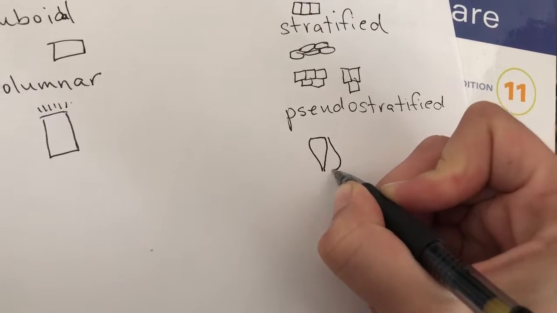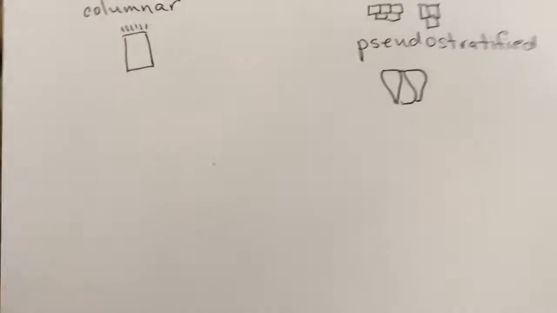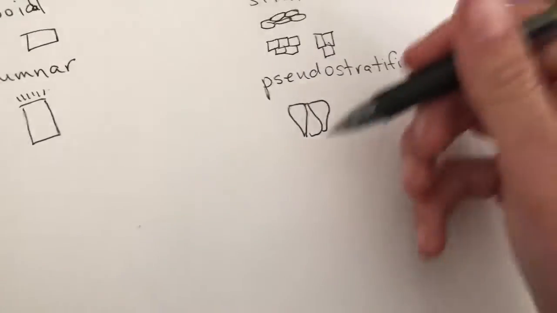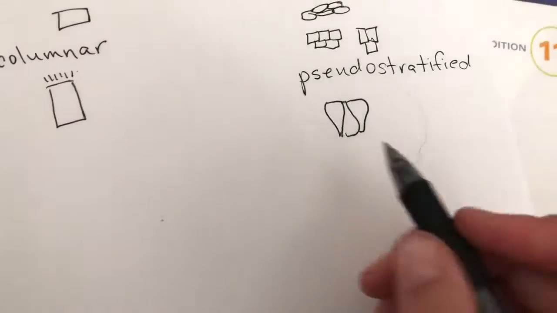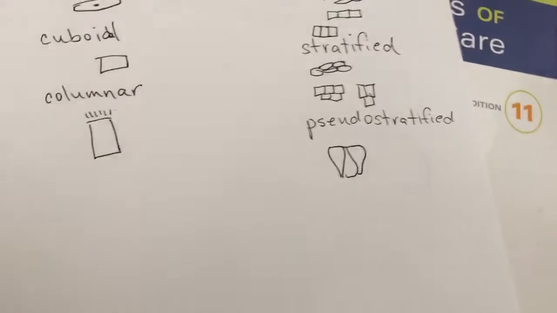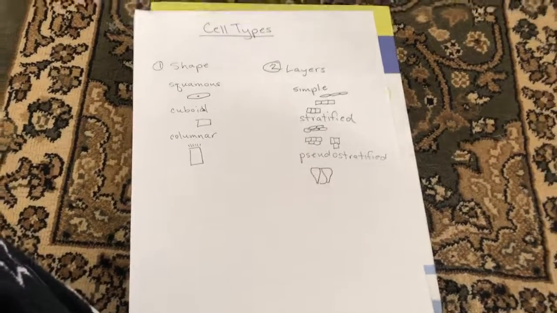Like here, we have what would be some pseudostratified cells. Do you see how they are still one after another? None is totally stacked on top of each other, but they are still interlocking, like you would see in just straight stratified cells. So it helped me to split up my brain and make sure that I had my shapes and my layers separate.